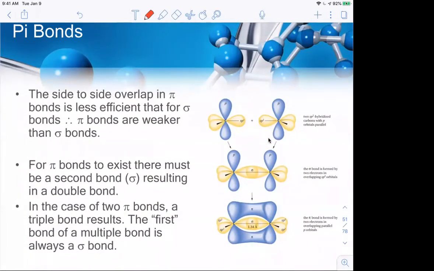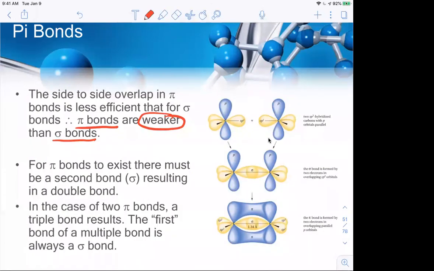The side-to-side overlap in pi bonds is less efficient than that for sigma. Pi bonds are weaker than sigma bonds. It's much easier to break a pi bond than it is to break a sigma bond. For pi bonds to exist, there must be a second bond that results in a double bond.